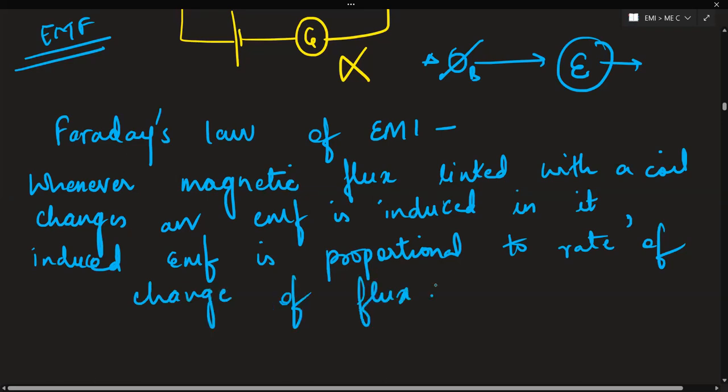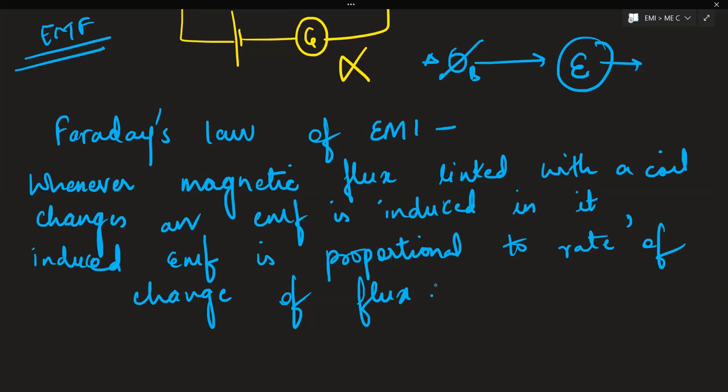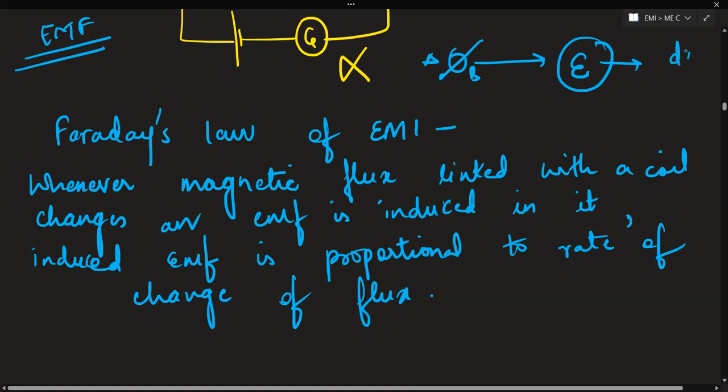So the rate of change of flux is what? d phi over dt.